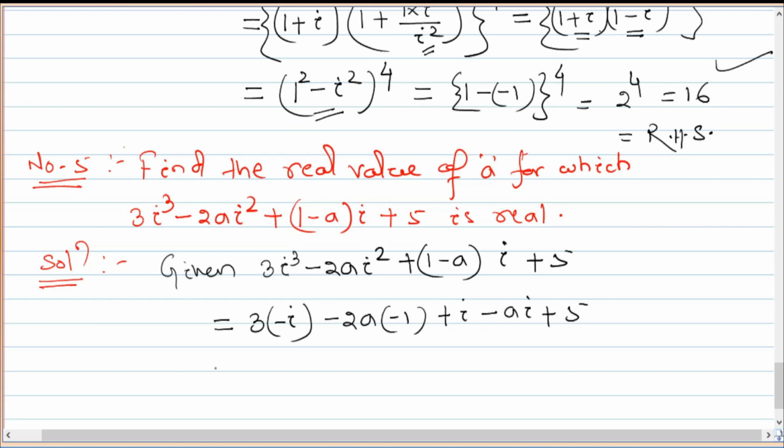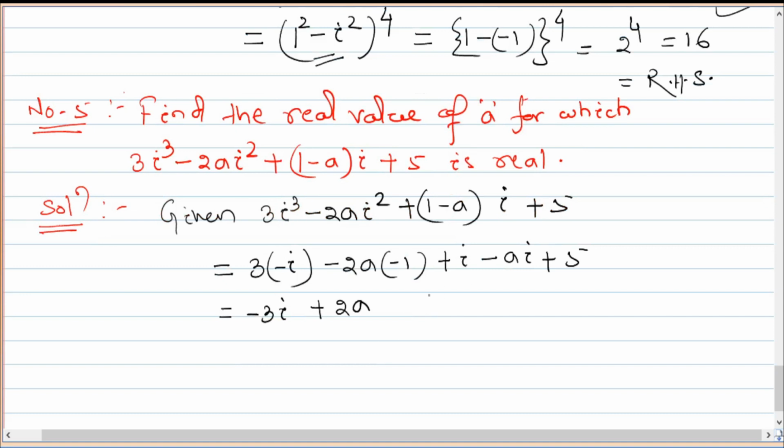So we get minus 3i plus 2a plus i minus ai plus 5.